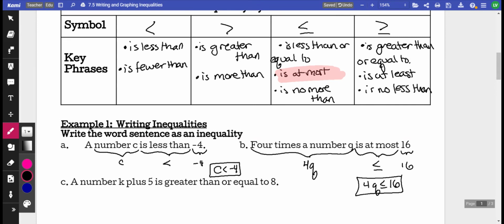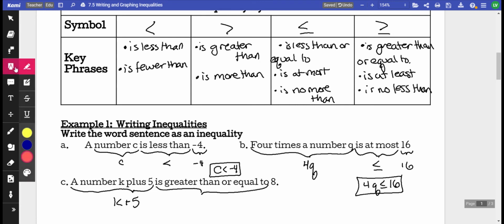Letter C. A number K plus 5, so I'm going to do K plus 5, is greater than or equal to, okay, it's going to be this symbol all the way down here.